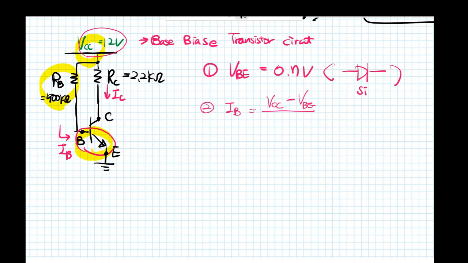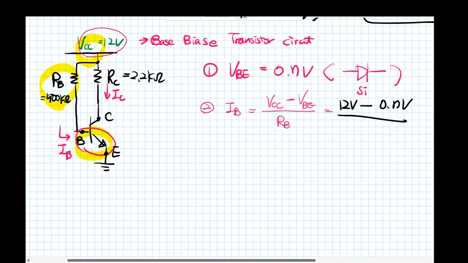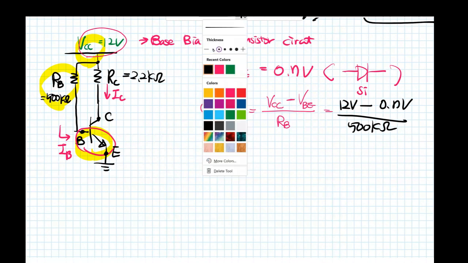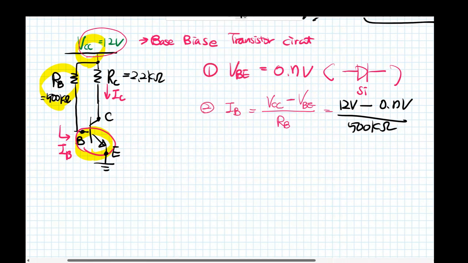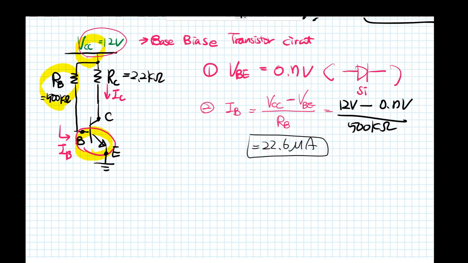So that is the R sub B. So that was V sub CC, the 12 volt minus 0.7 volt. Okay, and R sub B is what? The 500K ohm. So skipping the calculation, it is 22.6 microamp. Again, the base current is really small, really small.